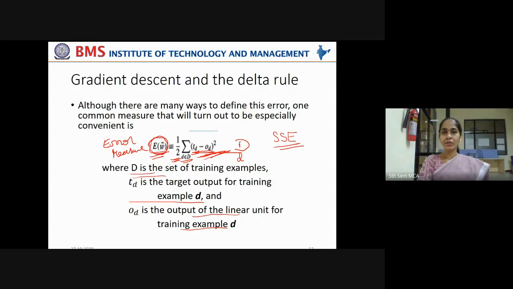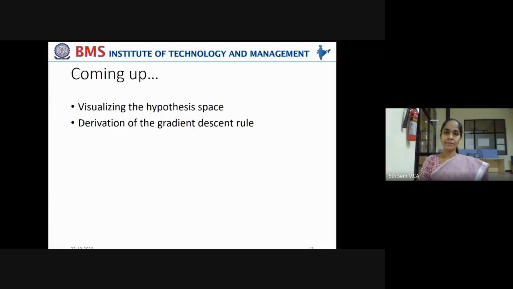It tends to adjust these weights in order to reduce this error, the sum squared error, the prediction error over the training examples. This is called the delta rule or gradient descent rule. Remember, these two concepts are very important in this chapter because they form the basis to understand how the model tries to reduce its prediction error.